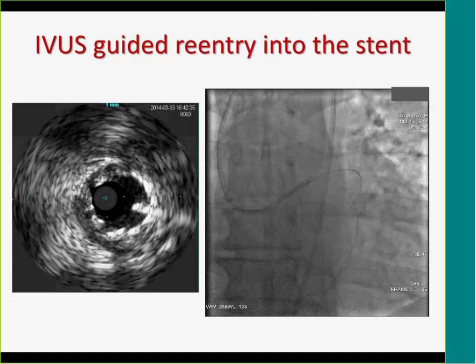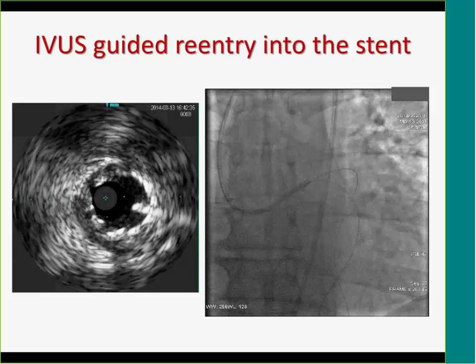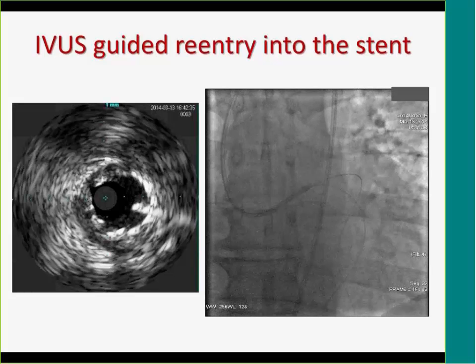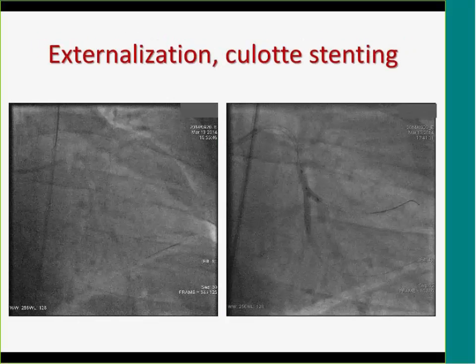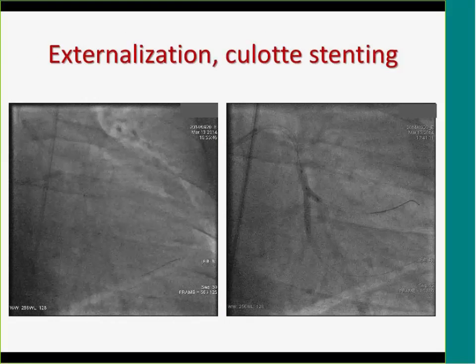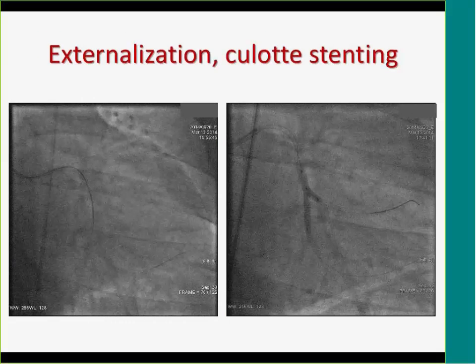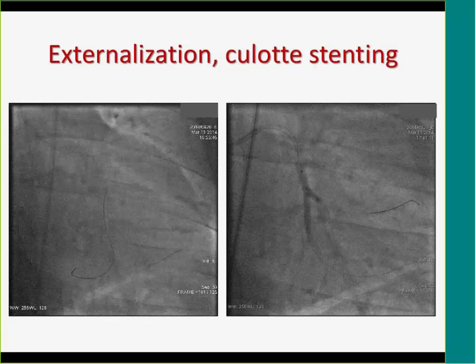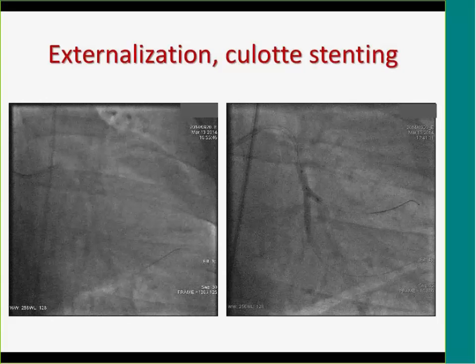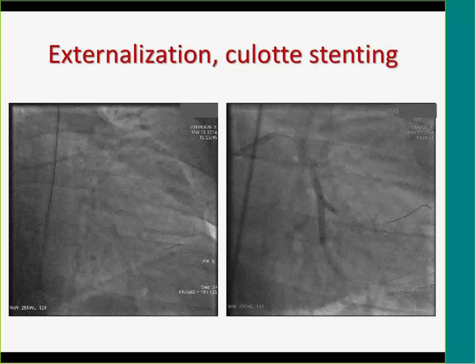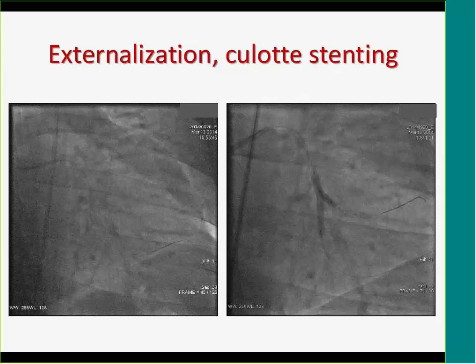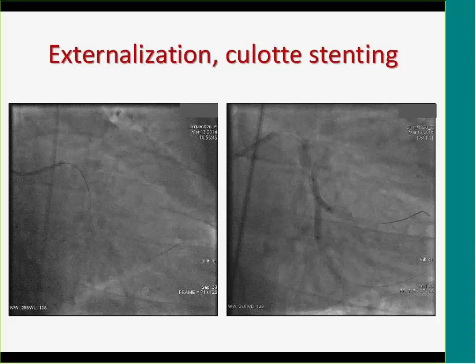It was an 8 French IVU4 guiding catheter. It was really difficult to get with the Fine Cross into the guiding catheter because we could not use a trapping balloon, and at that time I had no experience with the ping pong technique. Probably the ping pong technique would have been easier, but finally we could manage the situation.